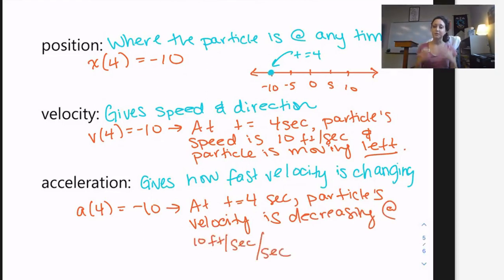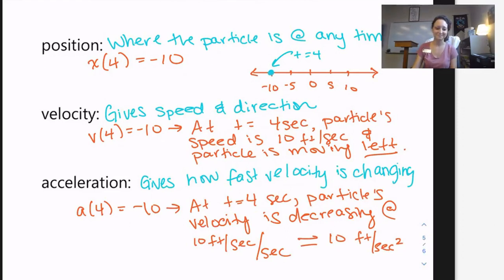Okay, so it's losing another 10 feet per second of its velocity every second. Okay, and again, we can write that as 10 feet per second squared. Notice I don't have a negative here because of the word decreasing.